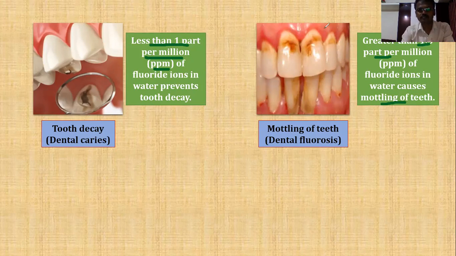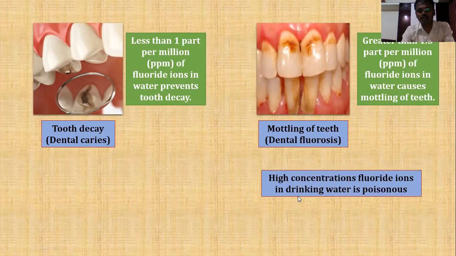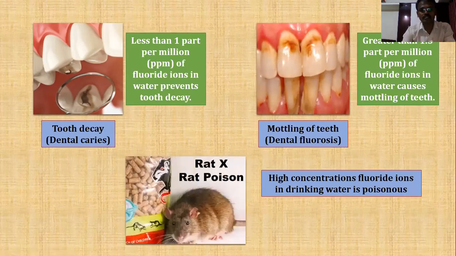In addition to this, if a very high concentration of fluoride ions is present in water, then it can be poisonous also. It may be poisonous if you have very high concentrations of fluoride ions in drinking water, right? And we know that in rat poisons, to kill rats and mice, we use sodium fluoride, isn't it?